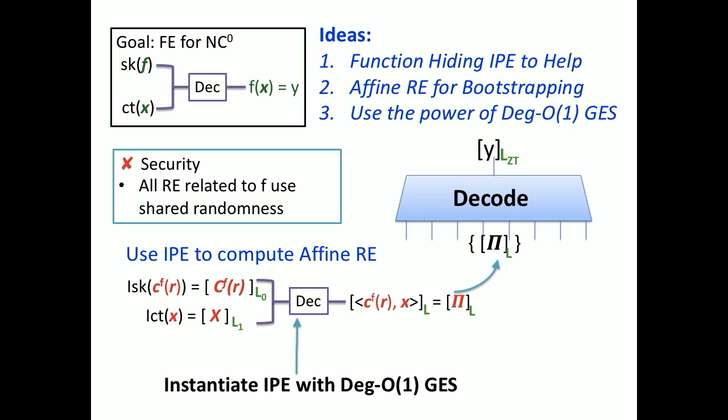Because the randomness is what is used for producing those coefficients. And the problem is that if I take the same secret key and use it to decrypt multiple different ciphertexts, they will all produce randomized encodings using the same randomness. And at this point, randomized encoding guarantees nothing.